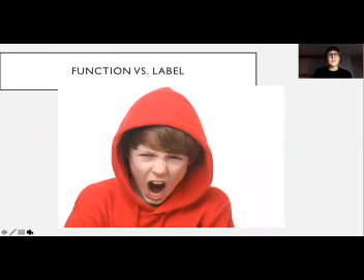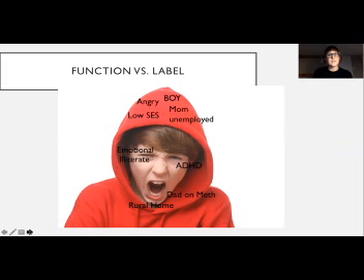So an example of function versus label would be, he's a boy. That would be a label, right? He's a boy. He's angry. He's emotional. He's got ADHD. He's low socioeconomic status. He comes from a rural home. His dad was on meth. His mom's unemployed. He's illiterate.